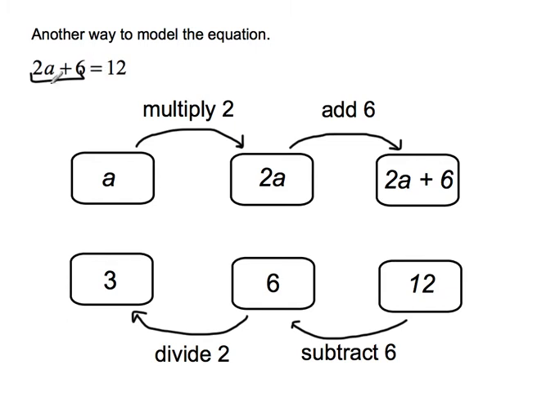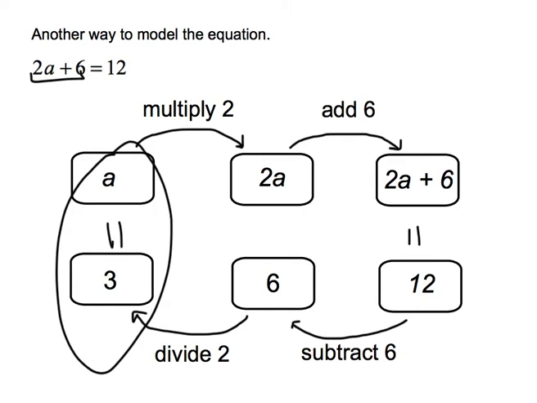Once we have the entire left-hand side, we now put it equal to 12, and we start on the right-hand side and we undo everything. So here we added 6, so from 12 we subtract 6 to get to 6. Here we multiplied by 2, so now we divide by 2 to get to 3, and that should be our answer.